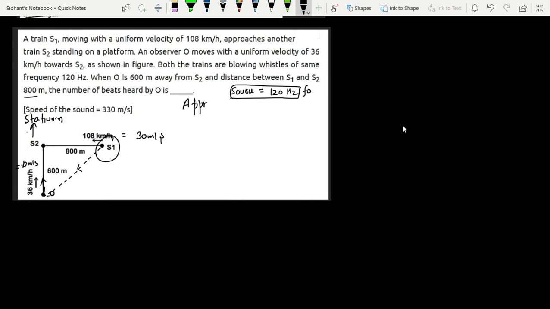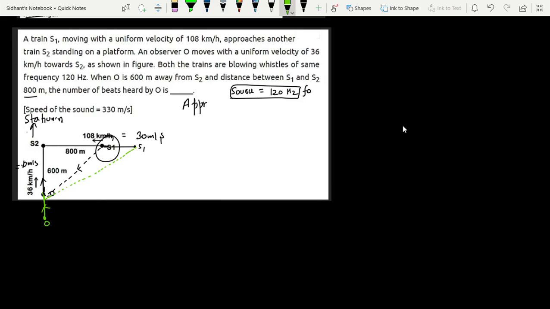Otherwise, what you have to do? You have to do it in a way that S1 is shifted a little back, meaning S1 will be here, and O will be somewhere here. Now the frequency that S1 emits, that frequency will be received when O reaches here in that much time.